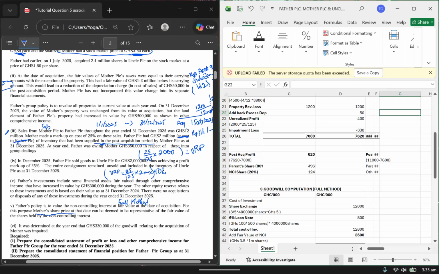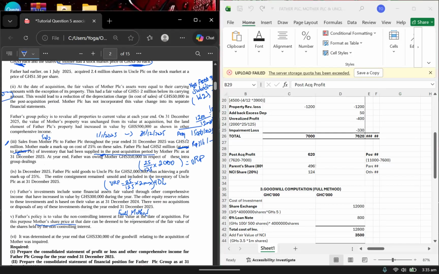In terms of control, the parent's portion of the impairment loss, and as for subsidiaries, the NCI portion of the impairment loss, we've already treated it there. So if you sum them up, you get 7,000 as the net asset at acquisition, and 7,620 as the net asset at reporting.